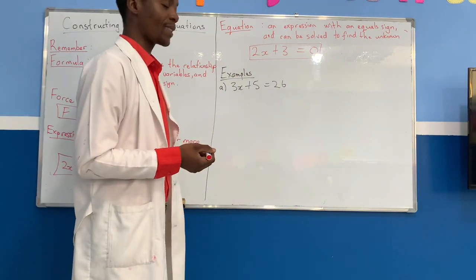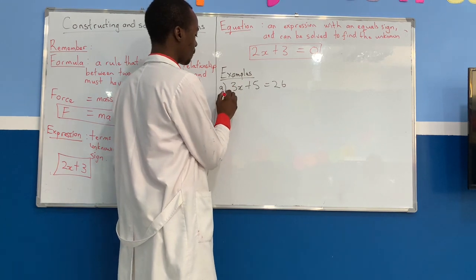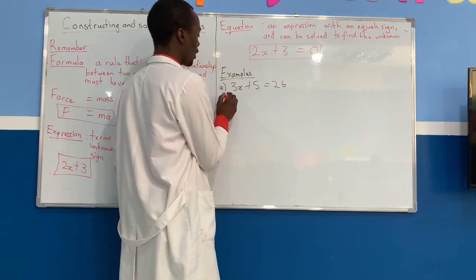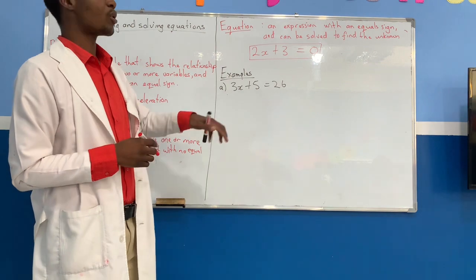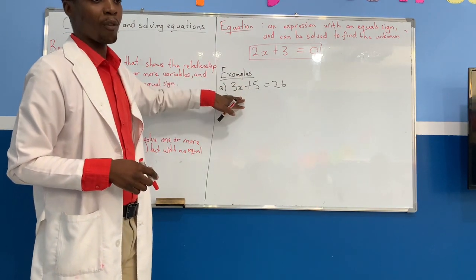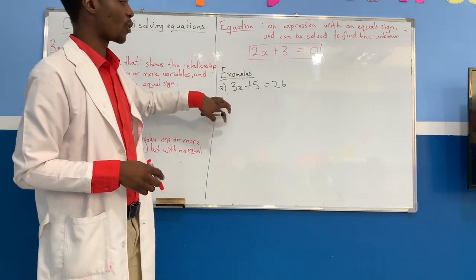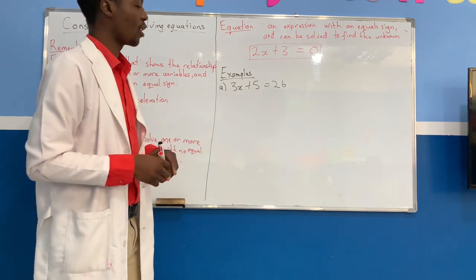All right. So in this example, we have 3x plus 5 is equals to 26. For us to solve this problem, we first need to bring like terms together. All terms with x on one side, all terms without x on the other side.